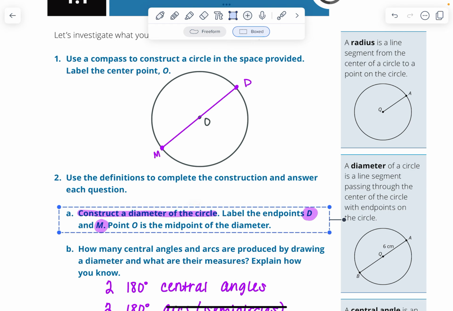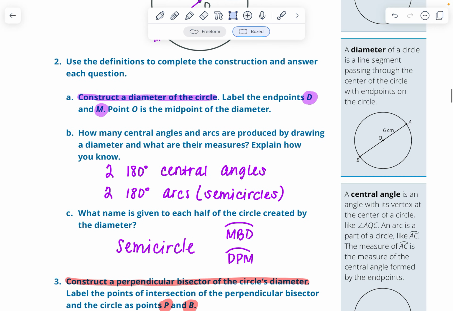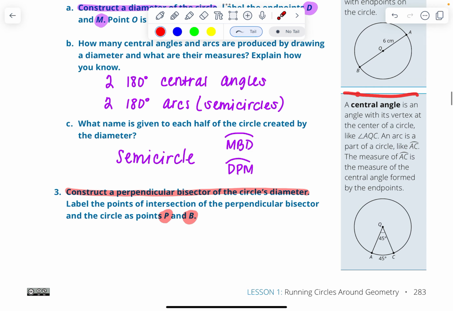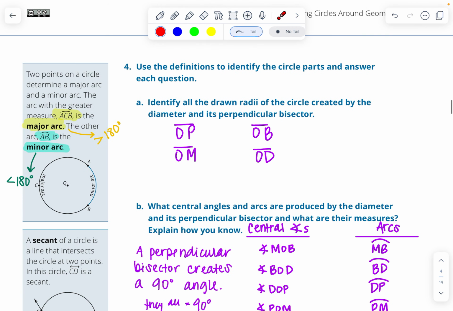How many central angles and arcs are produced by drawing a diameter, and what are their measures? So here's a central angle definition. And then here are the definitions for major arc and minor arc.